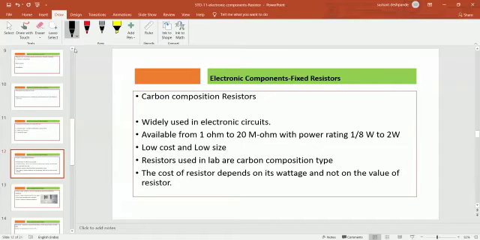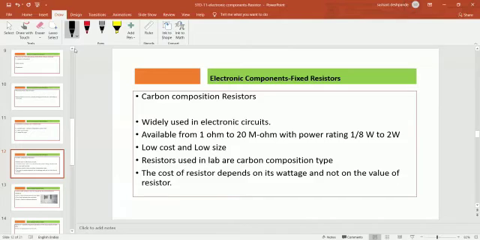These fixed resistors, carbon composition resistors, are used in the lab. So the resistors which you use in physics are fixed, carbon composition resistors. The cost of a resistor depends on its wattage and not on the value of the resistor.